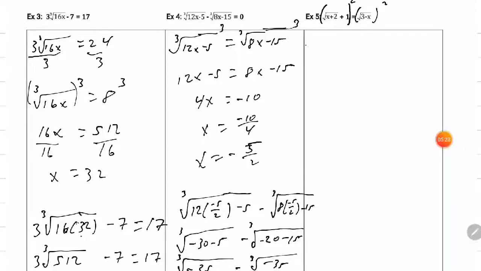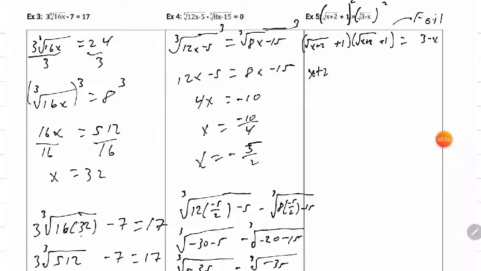So that is the same thing as the square root of x plus 2 plus 1, square root of x plus 2 plus 1 equals 3 minus x. And we're going to FOIL this over here. Okay, so the square root of x plus 2 squared is going to be x plus 2.